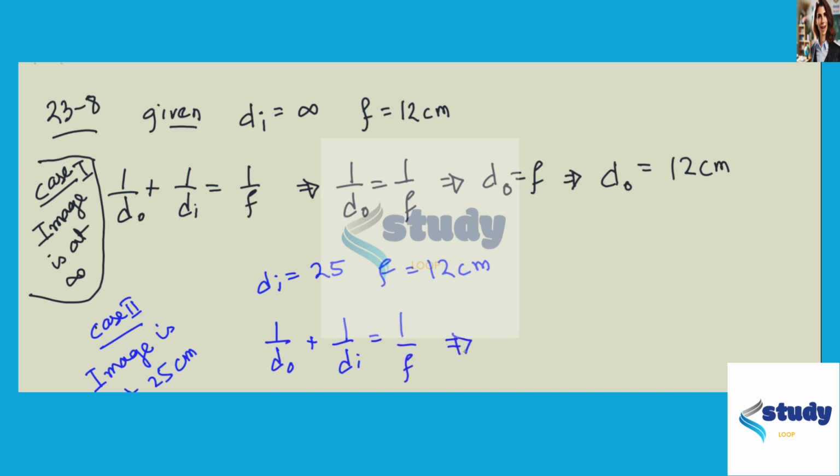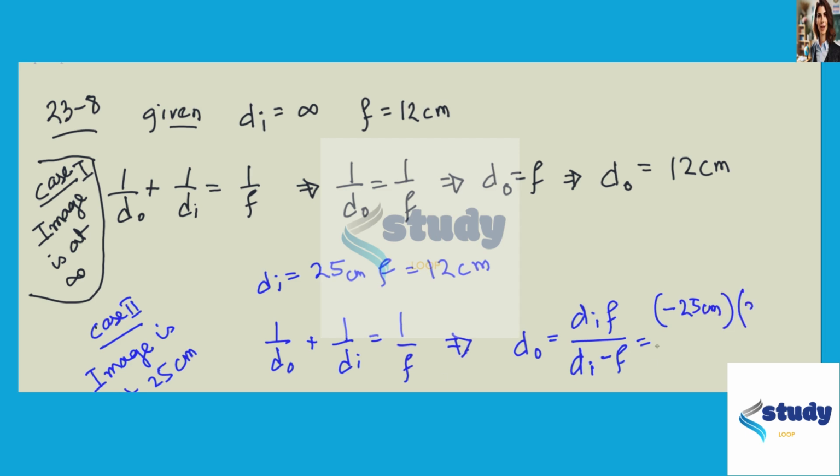From here, solving for object distance, d_o equals d_i f over d_i minus f. If we plug in the numbers, since it's a near point, the image forms 25 centimeters behind, on the same side as the object, because it's magnifying, so we have a negative sign here.